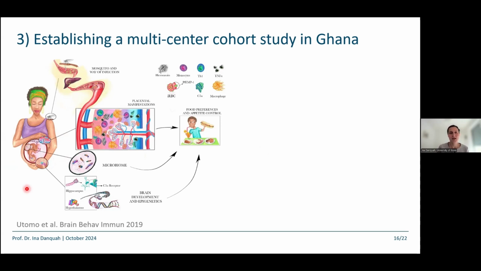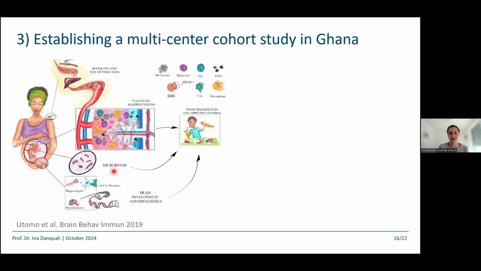We have tried to summarize here, based on a systematic review, 3 potential pathways how malaria in pregnancy and early life could be a risk factor for dietary practices and also NCDs later in life. On the one hand, this could be mediated through brain development and epigenetic processes.